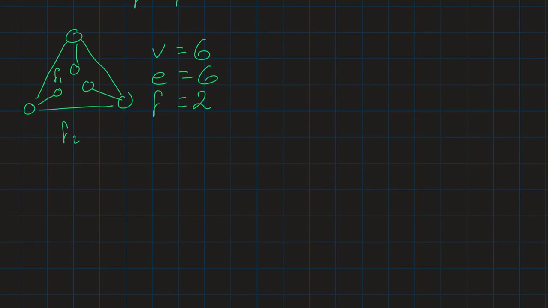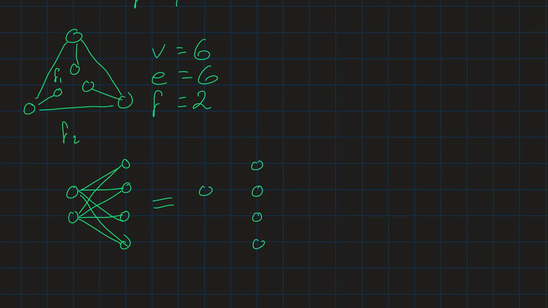Okay, let's do another example. So this time, why don't we try this graph from last time? Right now there's lots of edge crossings, so I can't calculate the number of faces using this particular drawing. I have to redraw it first so that it doesn't have edge crossings.